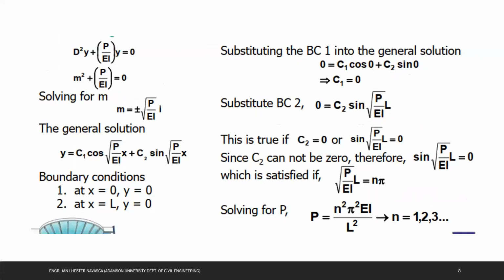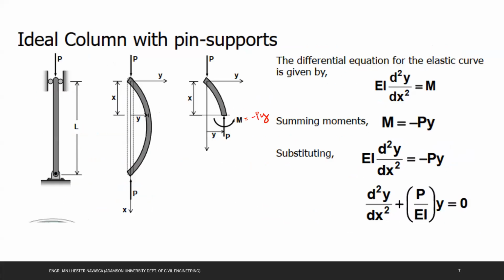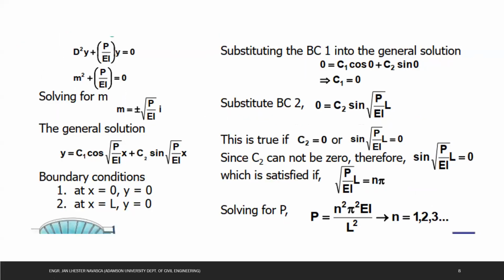That is why you have the boundary condition that at x equals 0, y equals 0. And again, since both are pins, at the top, at x equals L, again your deflection is 0, or your y equals 0.